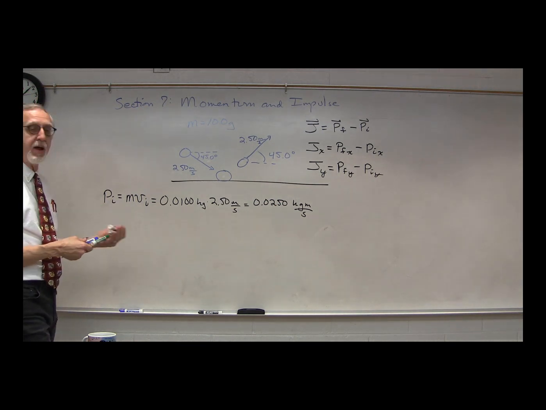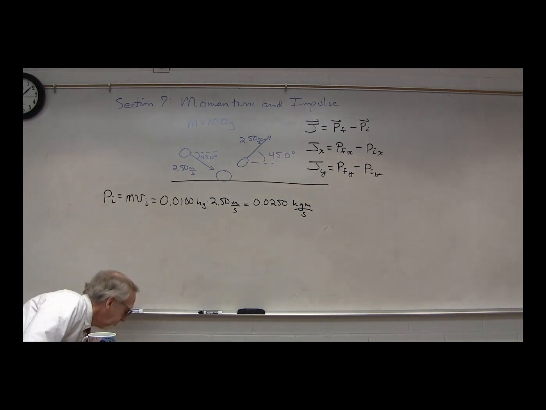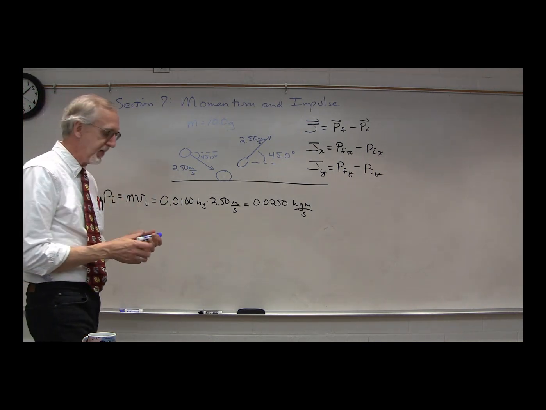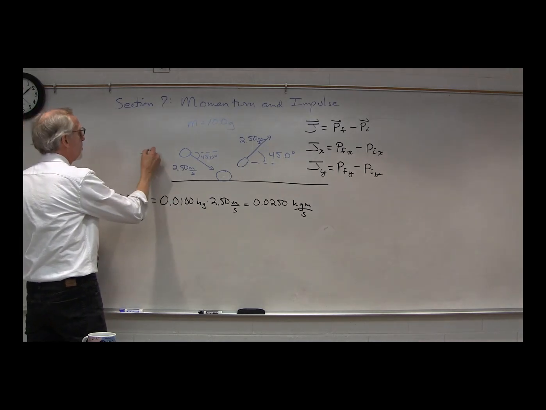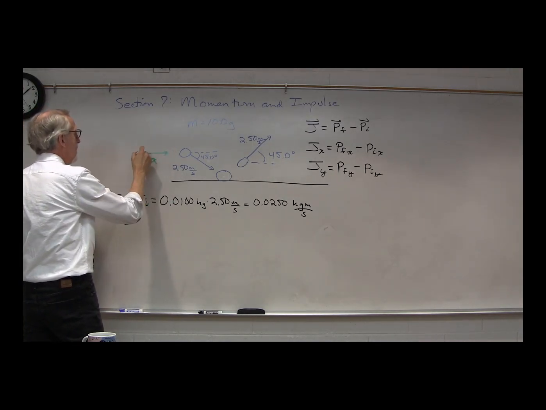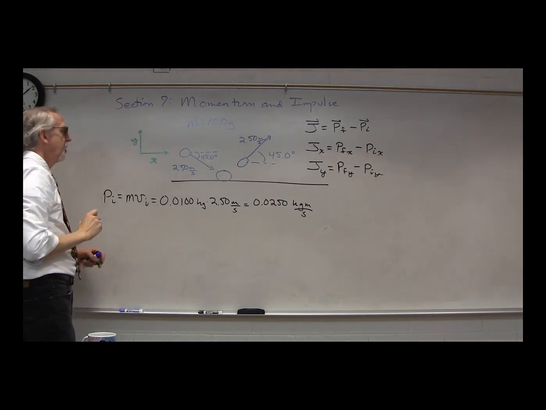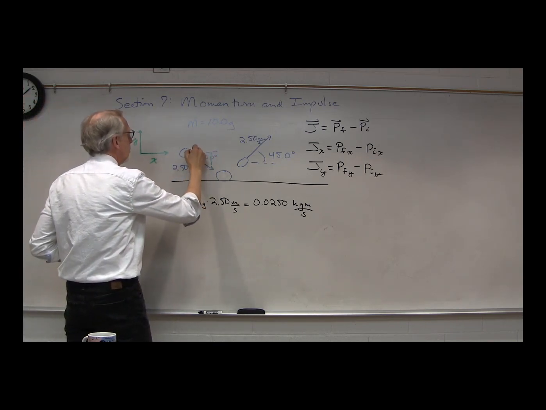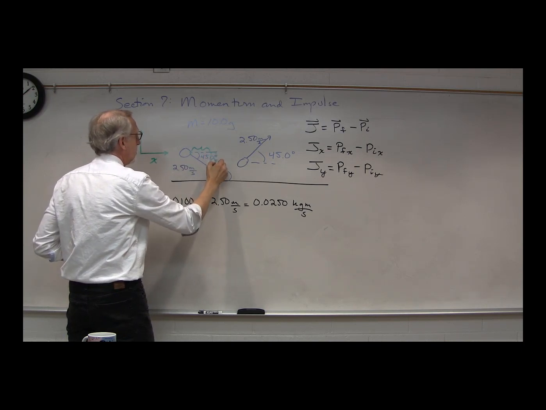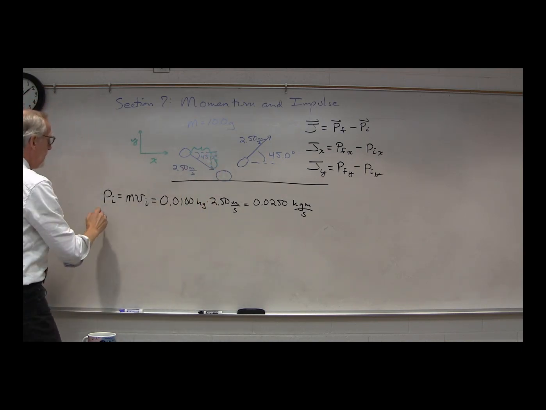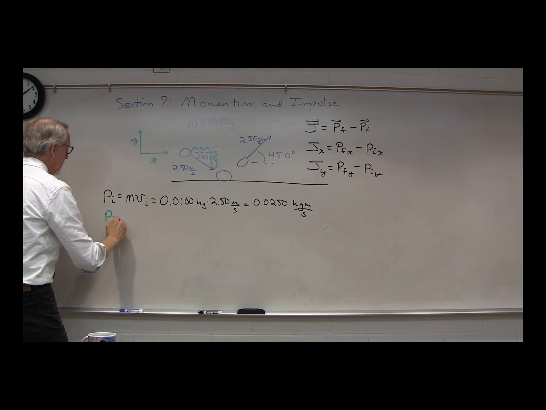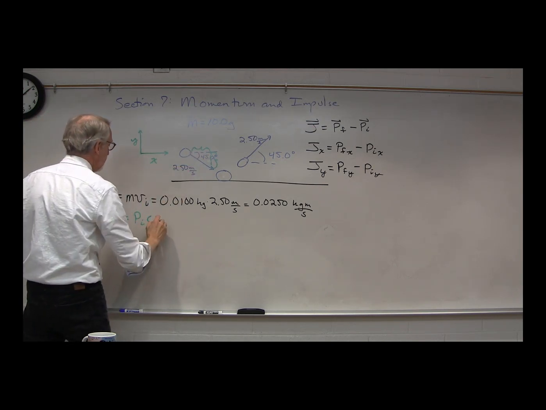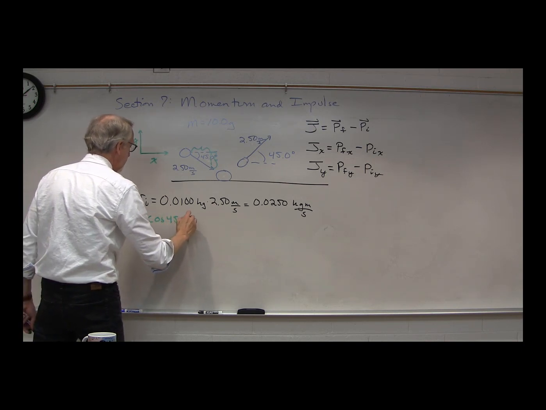Let's break our momentum down into components. Let's define a coordinate system. Let's say that x will be horizontal to the right, y vertical up. So what's the x component? The x component will be this part, the y component will be that part. So P initial x will be P initial cosine 45 degrees.